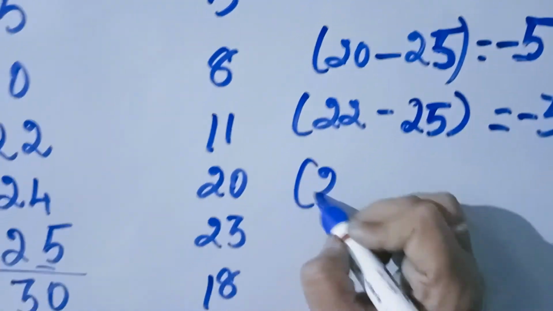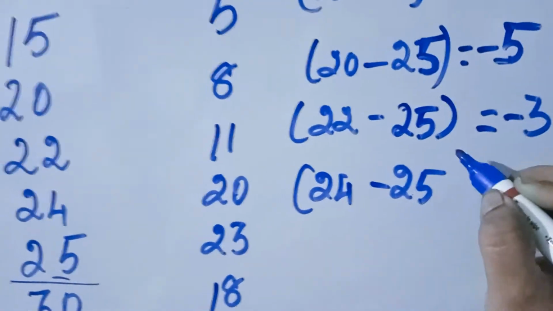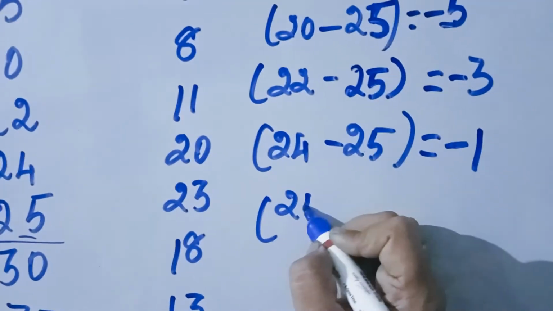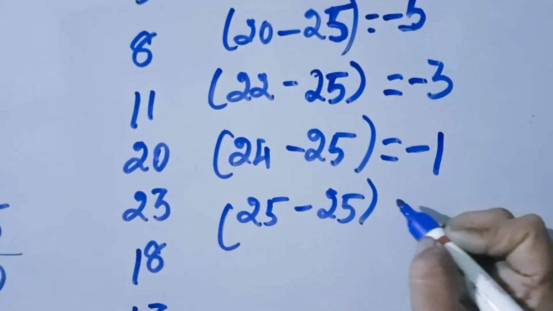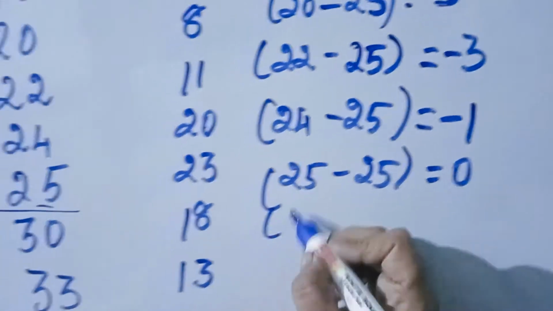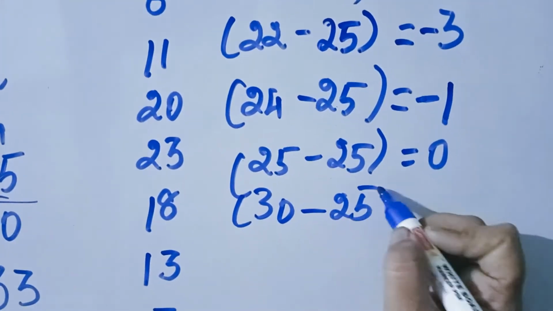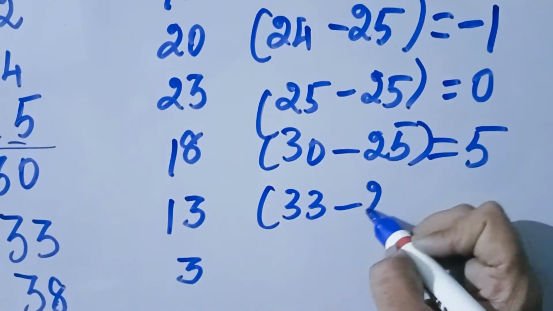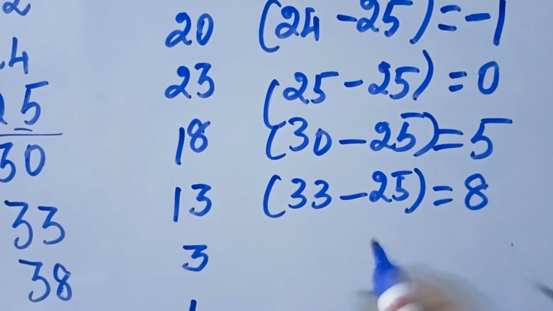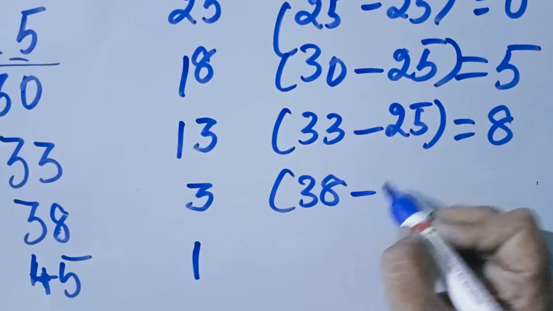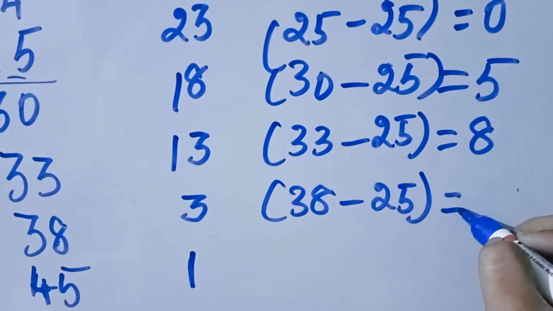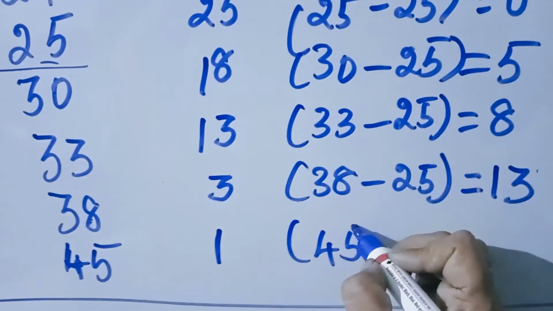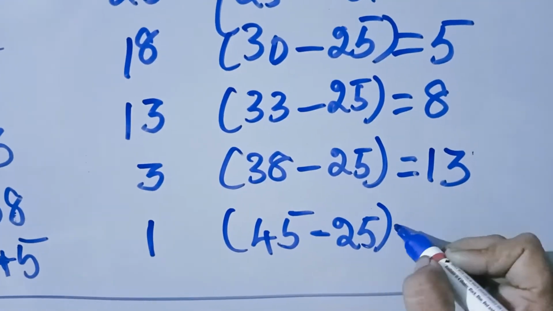Then 24 minus 25 is equal to minus 1, and 25 minus 25 is 0. Then 30 minus 25 is equal to 5, 33 minus 25 is equal to 8, 38 minus 25 is equal to 13. Now 45 minus 25 is equal to 20.